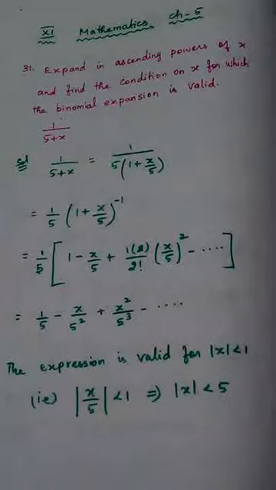From that basic formula only, all the algebraic formulas that you have studied in your lower classes came, including (a plus b) whole square, (a minus b) whole square, (a plus b) whole cube. So all those formulas are derived only from the binomial theorem. It is the base for all the algebraic formulas.